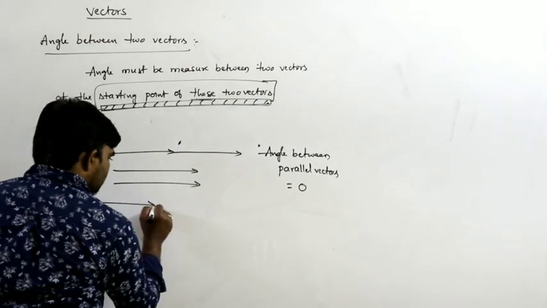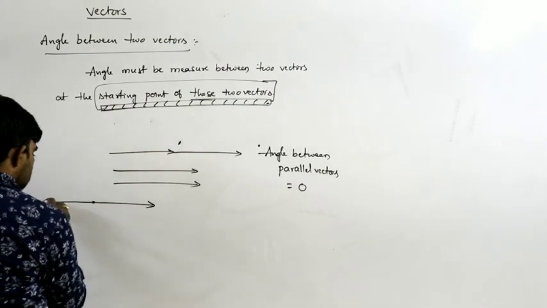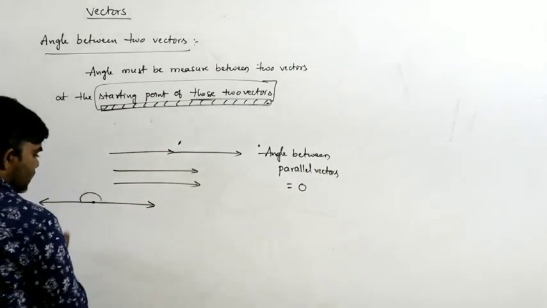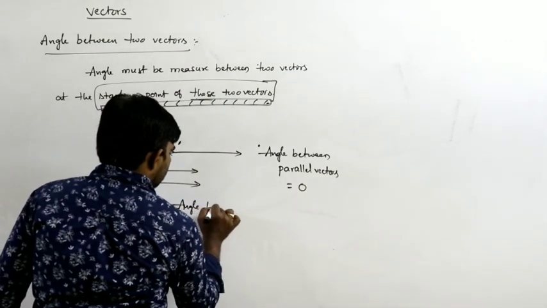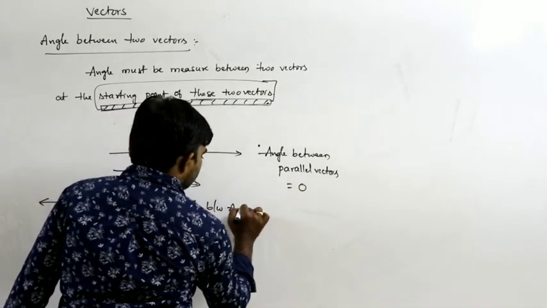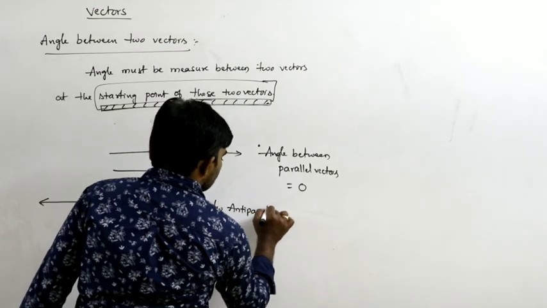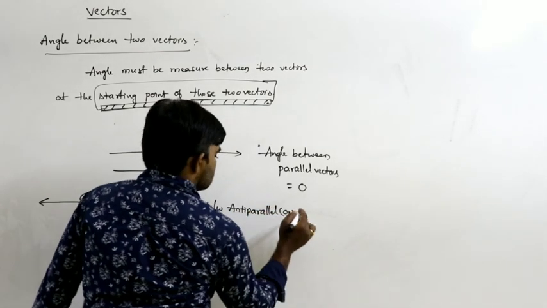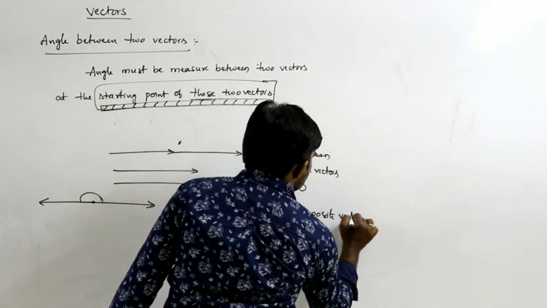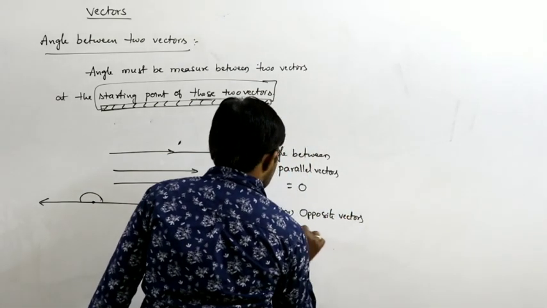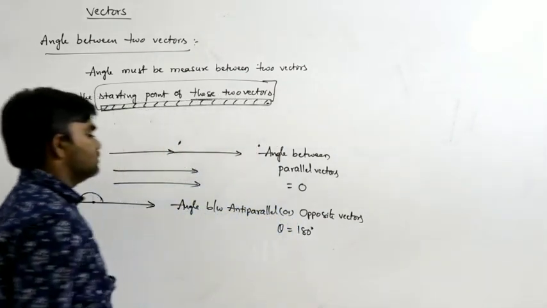Now the angle between opposite vectors. Opposite vectors can be represented like this. The angle is 180. The angle between anti-parallel or opposite vectors, theta is equal to 180 degrees.